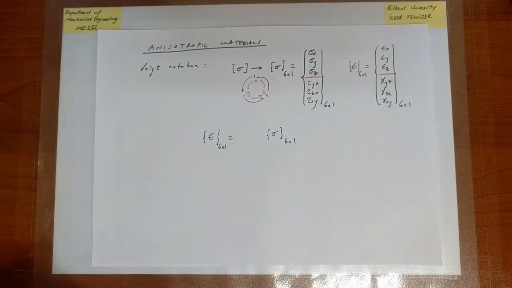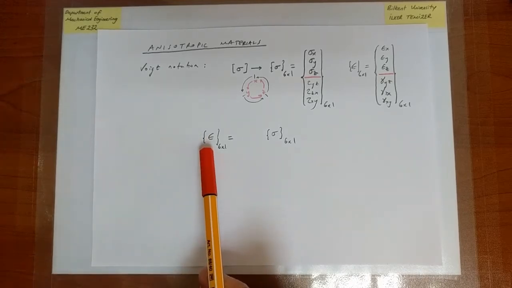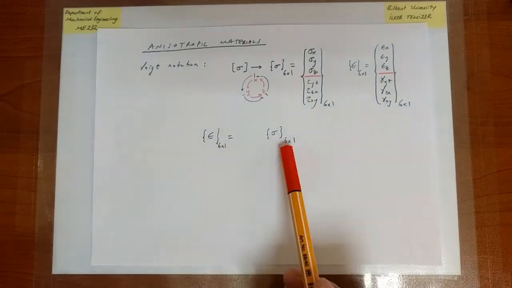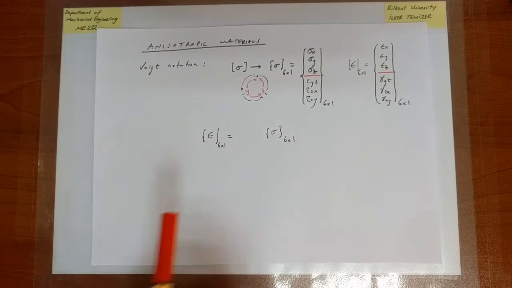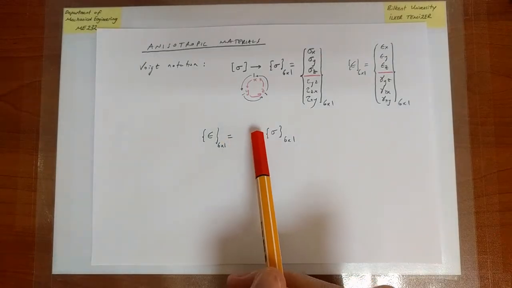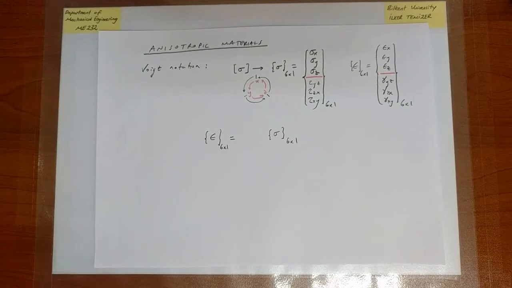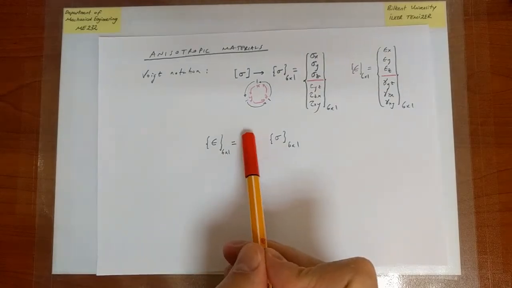So let me ask you a question. If I have a set 6 by 1 of variables and another set 6 by 1, what would be the most general way to relate the two to one another? You can easily conclude, for instance, you cannot put a constant here.